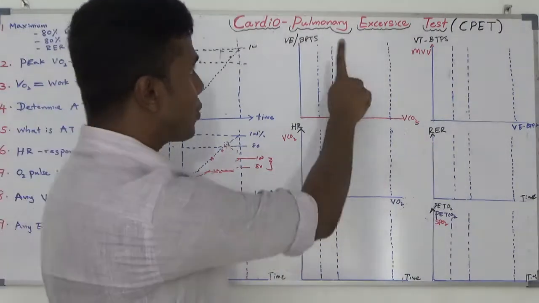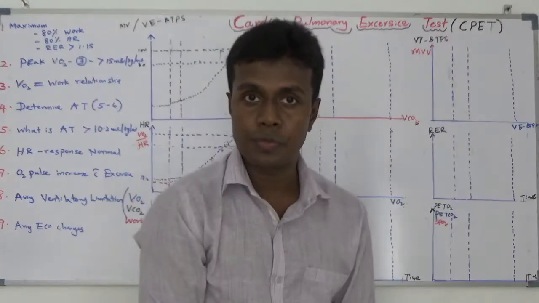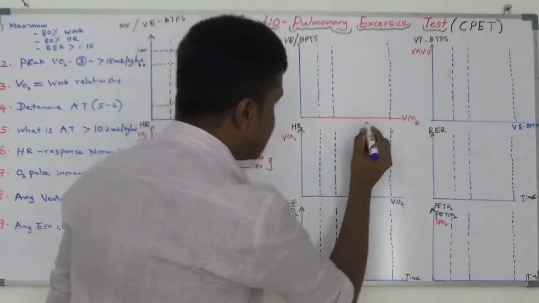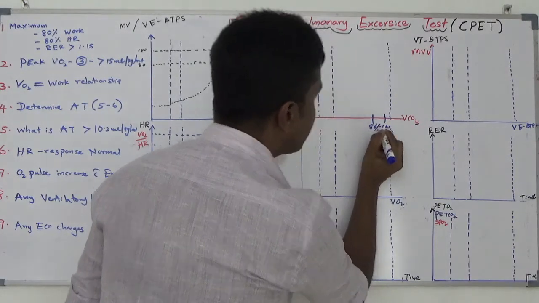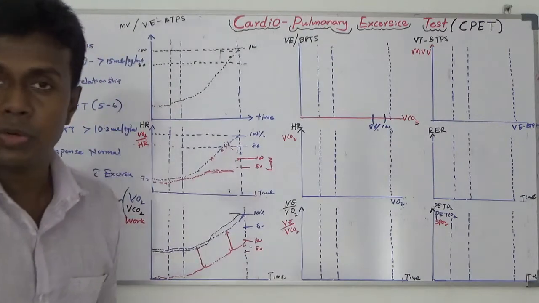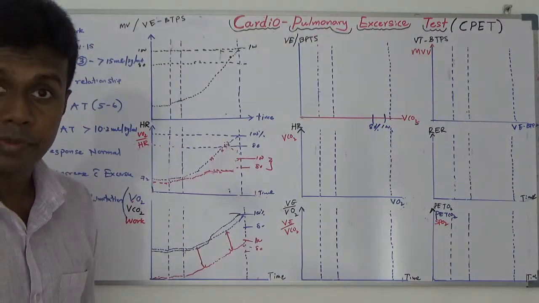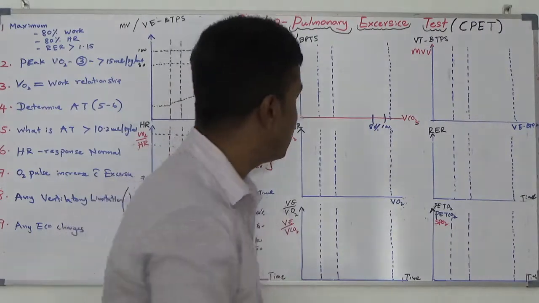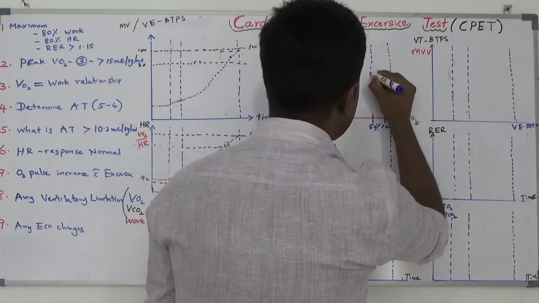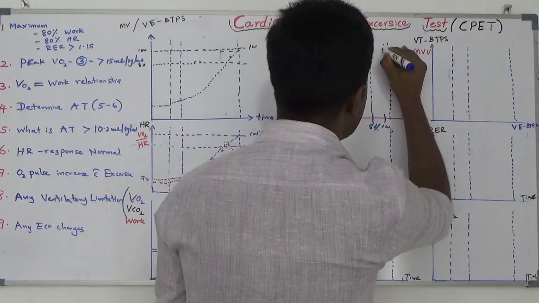When coming to the fourth one, here VCO2. You should achieve at least 80 to 100% of near normal VCO2 value during the exercise, 80 to 100% of machine calculated VCO2 value. That means your curve should come to this line at least.